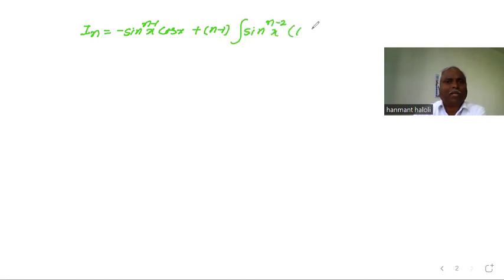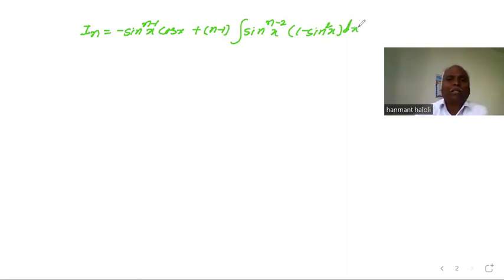In equals minus sin raised to n minus 1 x into cos x plus n minus 1 into integral sin raised to n minus 2 x into 1 minus sin square x dx.